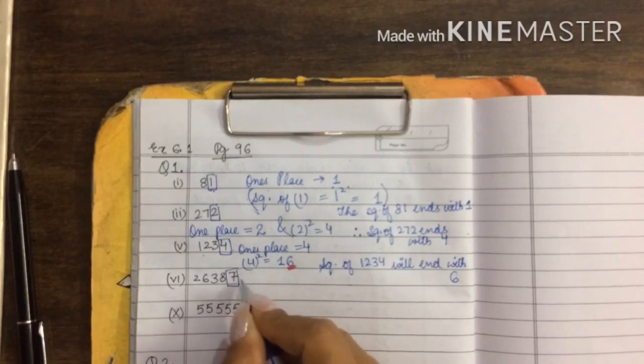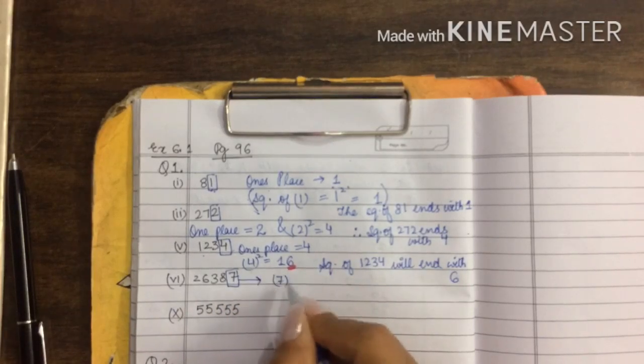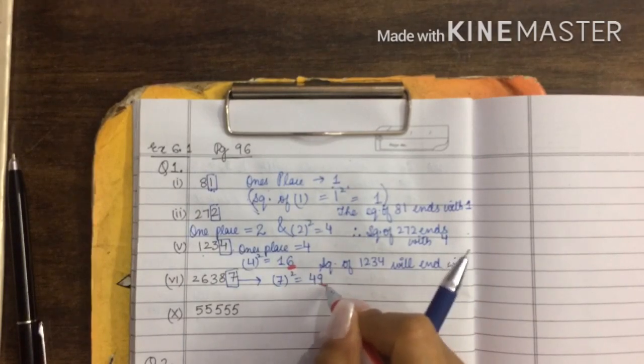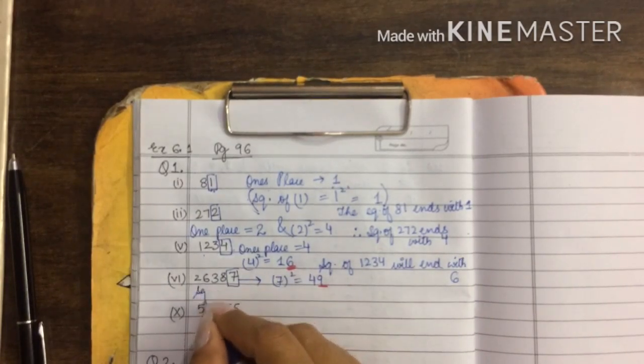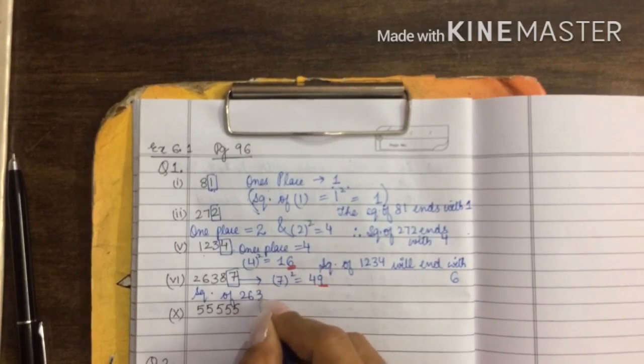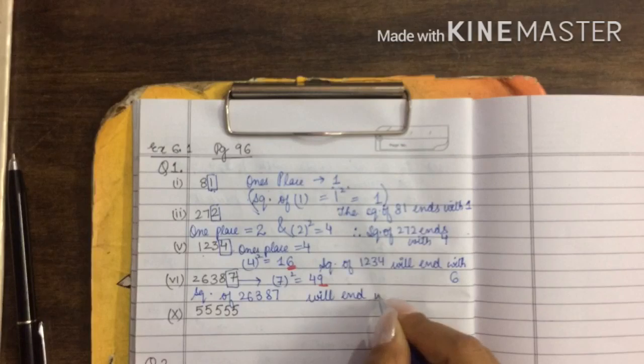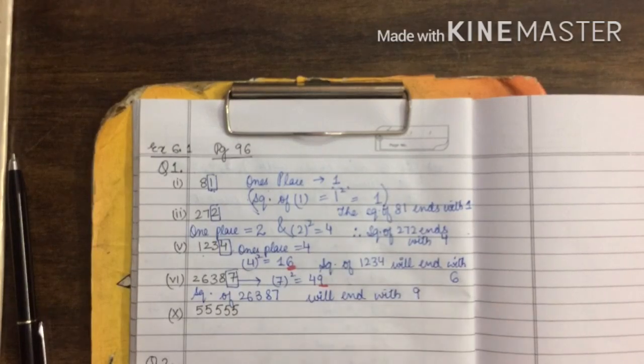For this we have 7. So 7 square is 49 and 49 ends with 9. So square of 26387 will end with 9.